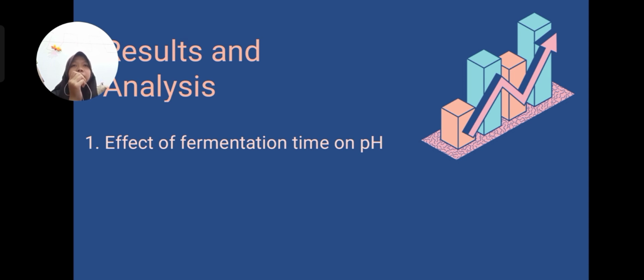The microorganisms contained in the sample experience optimal growth on the raw materials themselves, which we know have various acid contents from fruit, which causes the longer fermentation time and the more volume of EM4 used, the more acidic the pH content will be.